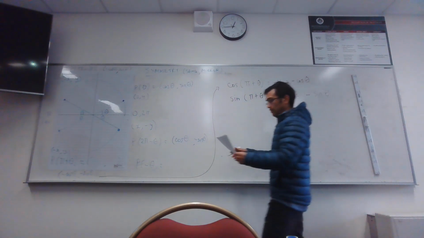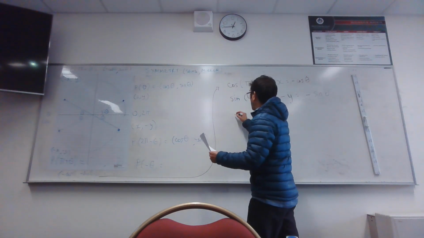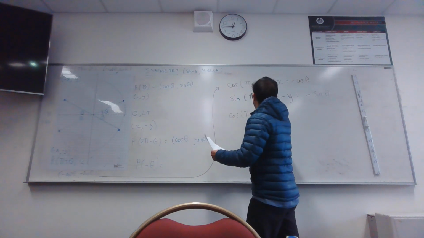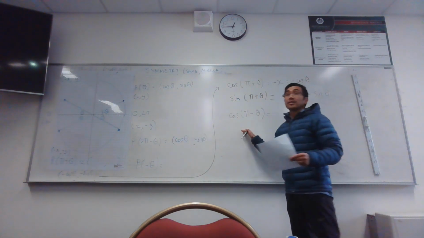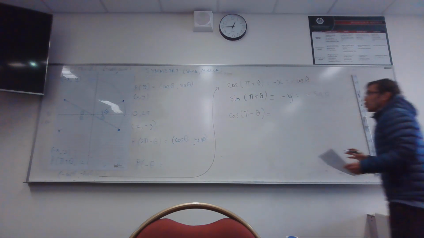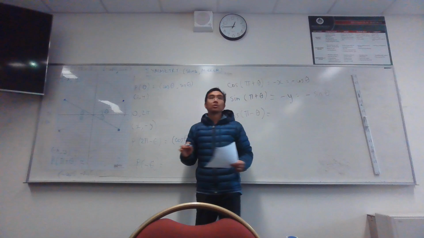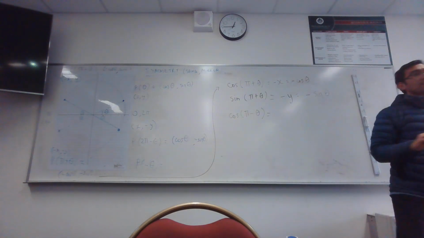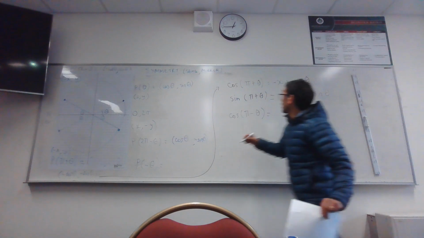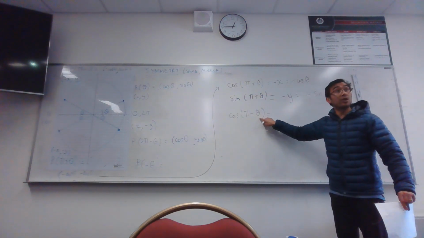Okay, we're going to go again. If I asked you this one, pi take away theta. Which quadrant am I in, Nathan? 1, 2, 3, or 4? We're going to pi, but we're going back.